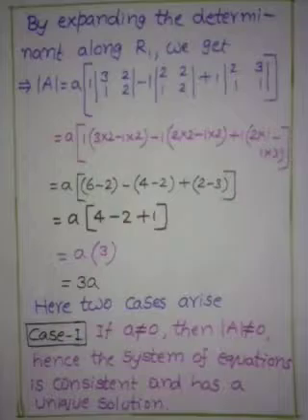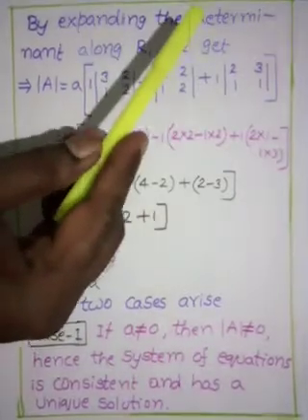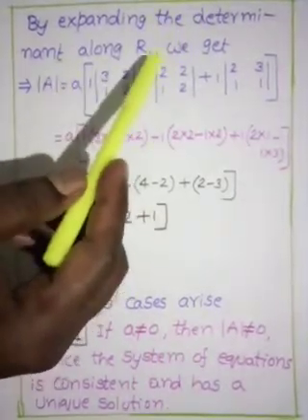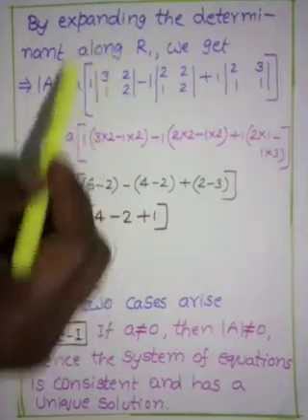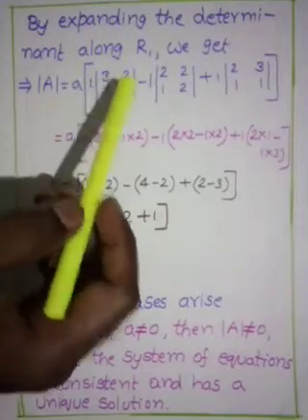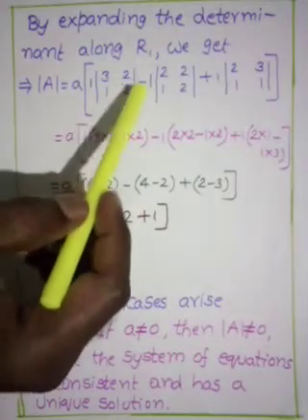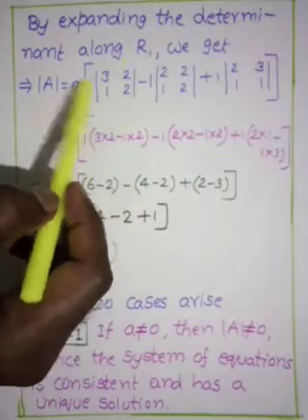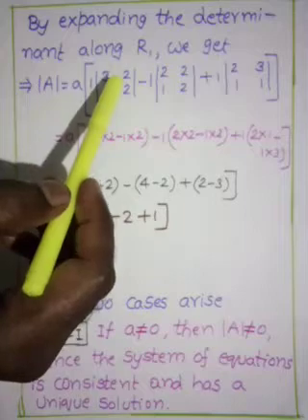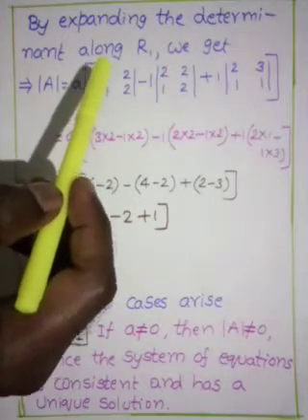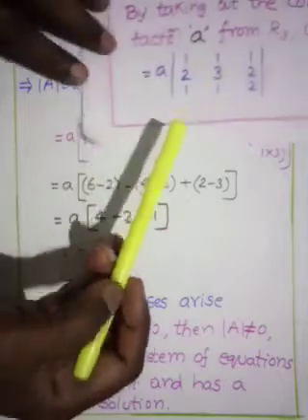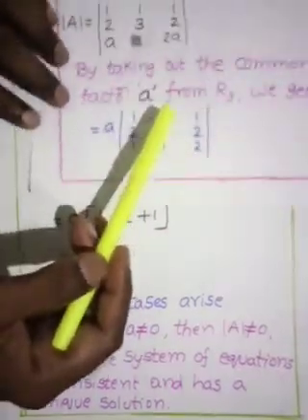Right. Now I am expanding the determinant along R1. Then we get A = a into [1 into the determinant of [3, 2; 1, 2]. We get the submatrix here, and we have to find its determinant. See this matrix.